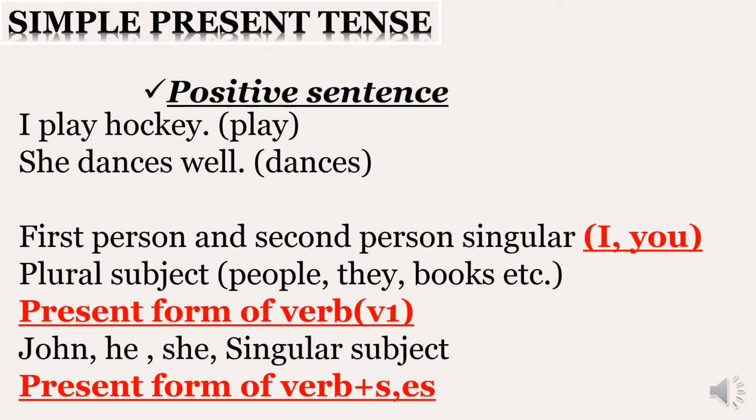Same as in the example, you can see, she dances well. Here we have a singular subject, so we have used s with the present form of the verb. In the first one we had only first person singular, so we used only the present form of the verb. So this was the positive sentence.